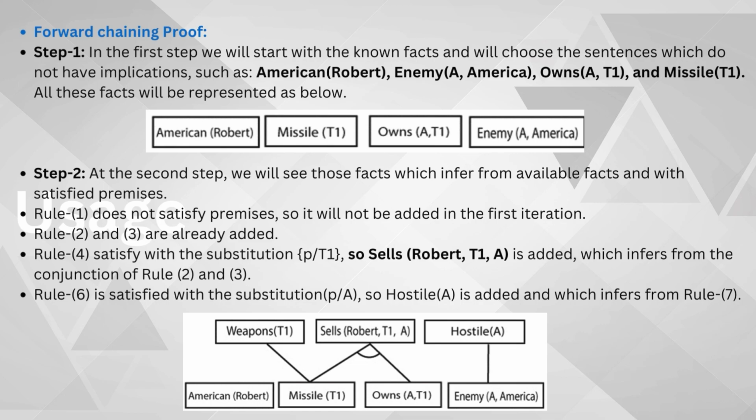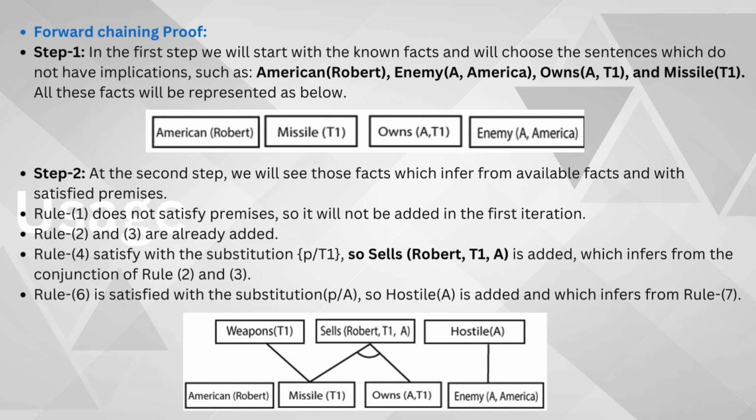Next is rule number 4. This rule states that if country A owns missiles and Robert sells them to country A, then it can be inferred that Robert is the seller. We can apply this rule since we know country A owns missiles, which is from rule number 2, and Robert sells them to country A from the given facts.